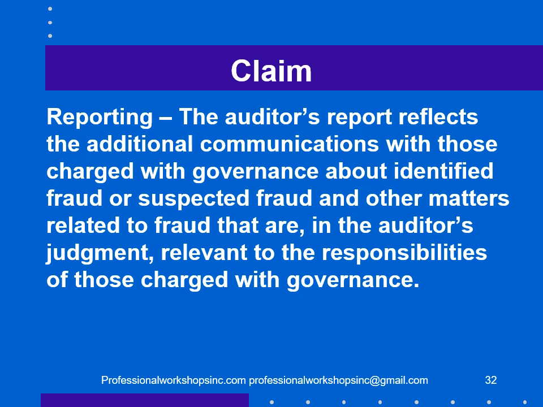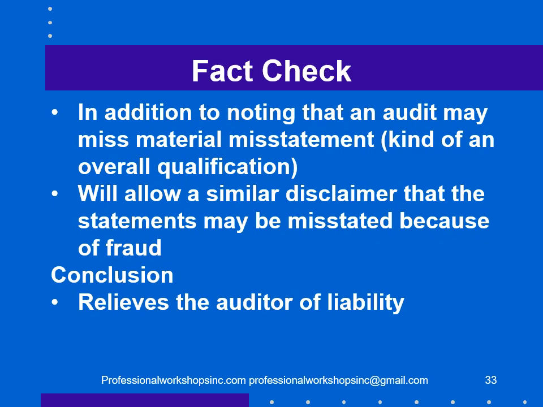The auditor's report reflects the additional communication with those charged with governance about fraud. So, in addition to noting in the audit report that we may miss material misstatements, which is kind of an overall qualification, if later someone says, hey, you gave a clean audit opinion and we found a material misstatement, you will say, well, read the audit report.